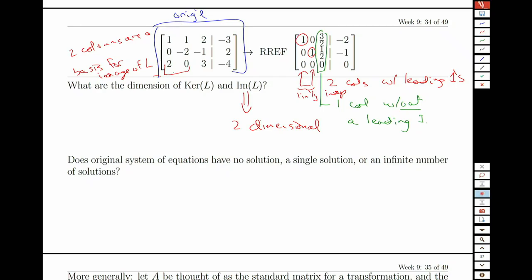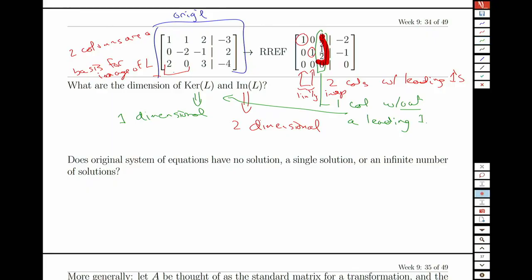And we can get the kernel in two different ways, but the obvious way is there's one column that did not have a leading one, and so that gives us the dimension of the kernel. Dimension of the kernel is one-dimensional. The kernel was a little more complicated to calculate, but we could easily, from the RREF, get its size anyway.